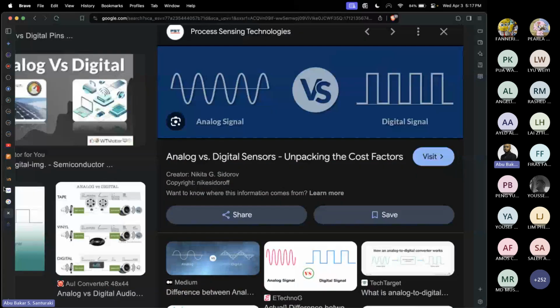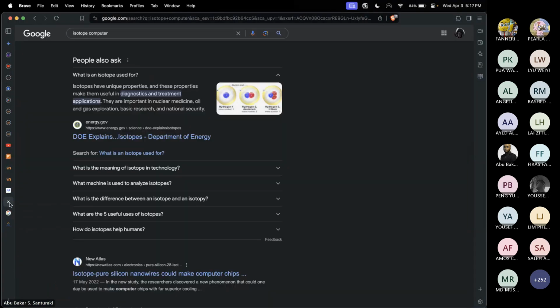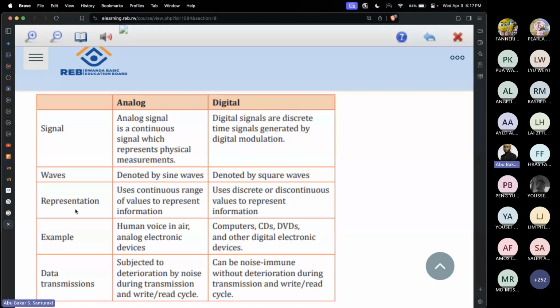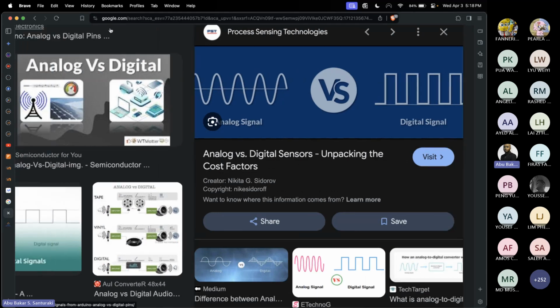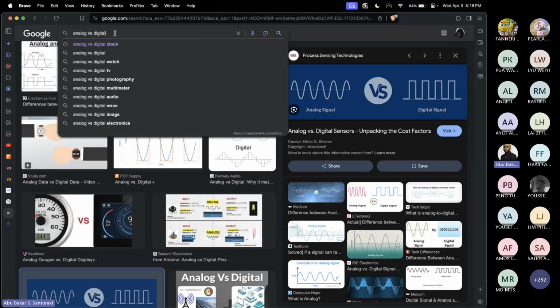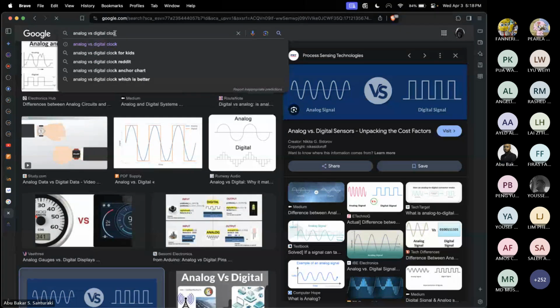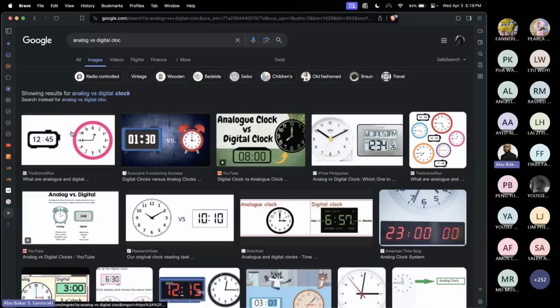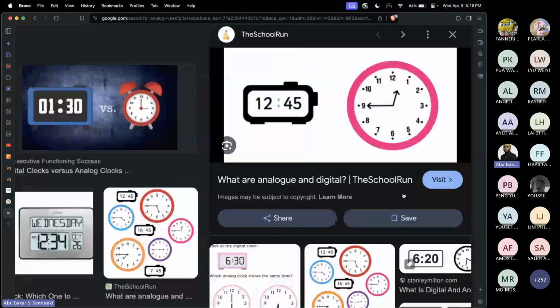Moving on. The next difference is its representation. We use a continuous range of values to represent analog, whereas with digital we use a discrete or fixed representation. Let me show you another example. If I search for an analog versus digital clock, you will see the difference.